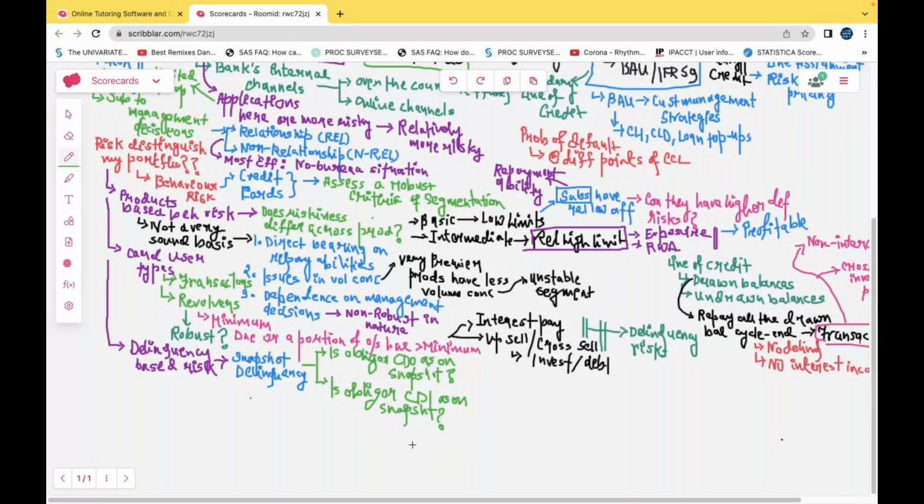So that's the reason why a CD0, or a zero cycle of delinquency, or non-delinquent borrower is considered to be less risky than the delinquent borrower. Clear?